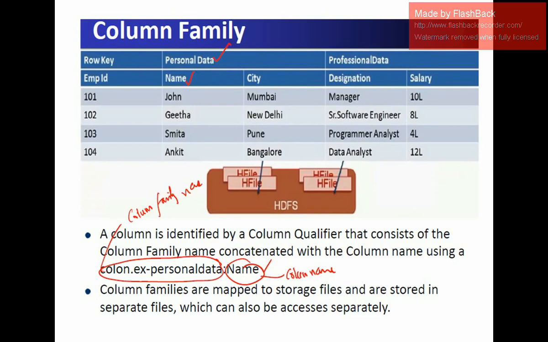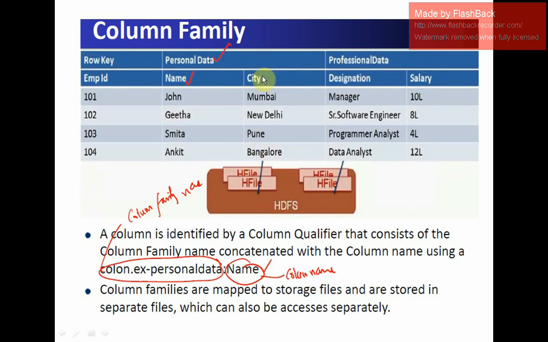So further, what do we mean by column family? I'm giving one example. Suppose we are having employee ID, name, city, designation, and salary. So this is your row key, where you can store the data on the basis of keys. These name and city have a column family named personal data, and designation and salary, again, we are having another column family named professional data.